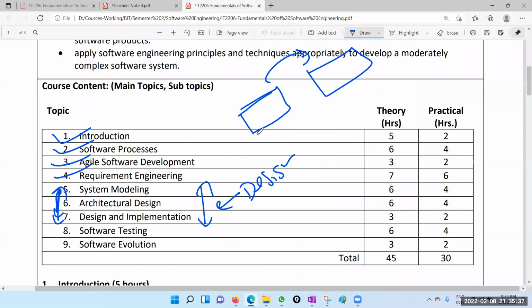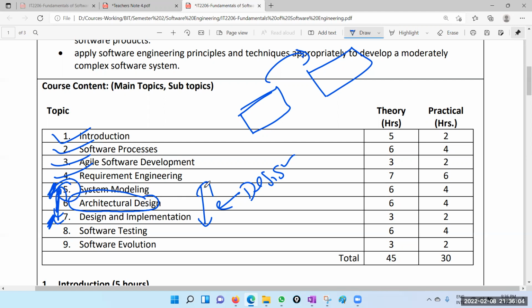So we covered architectural design. Still we didn't discuss the system modeling and design and implementation. So our next topic is system modeling.